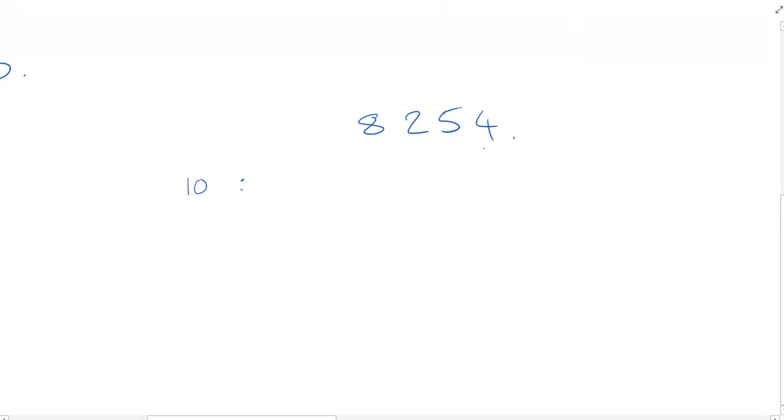Well, the key number that helps us to choose is this 4, isn't it? So our choice is either 8,250 or 8,260. And that 4 means we're going to round down. So our answer for this one is 8,250.